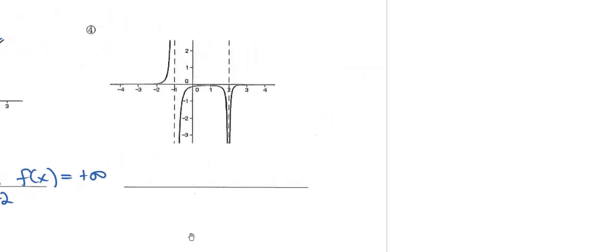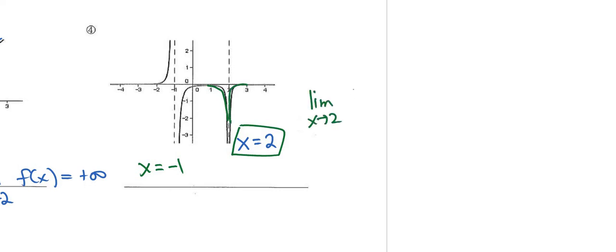And question number 4, I have two vertical asymptotes. So I have a vertical asymptote at x equals negative 1, and I also have another vertical asymptote at x equals 2. Now, I will go ahead and write the limit statement for x equals 2 first, because both the left-hand and the right-hand side are approaching negative infinity.